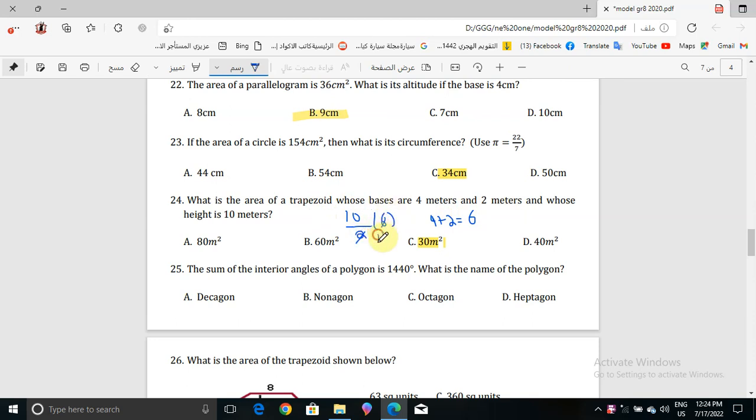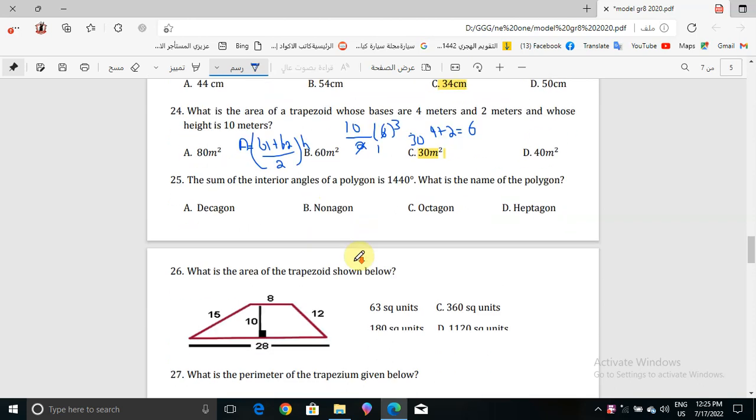Then here divide by 1 and here by 3, then 3 times 10 is 30. So that means choice C is the correct answer for question number 24, because we use the formula: area of a trapezium is equal to B1 plus B2 over 2 times height.